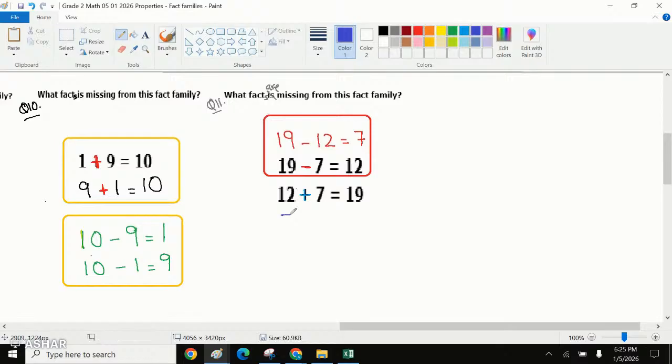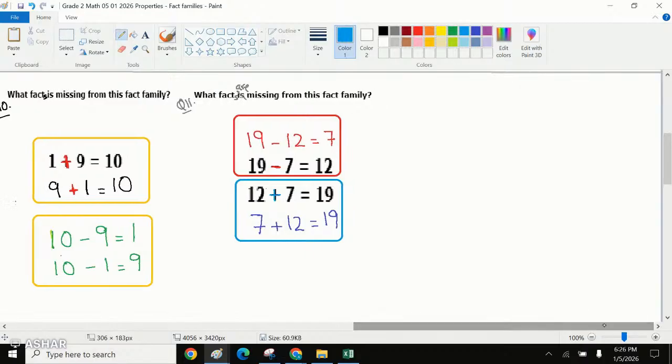That means you add 12 plus 7 or you add 7 plus 12. You will always get the same answer. That means when we are adding numbers together, the order does not matter. Only in addition, right? But in subtraction, it will matter. Thank you so much. Let's look at the next question.